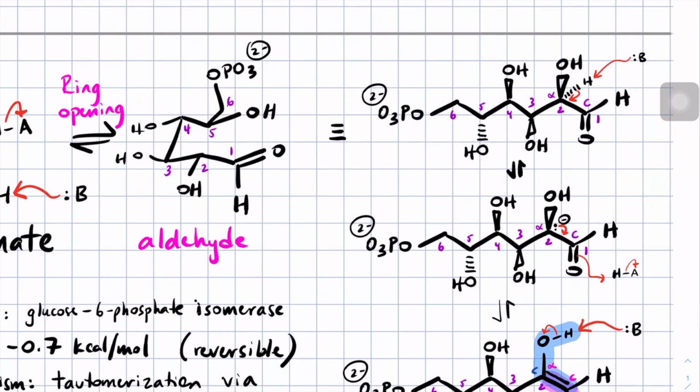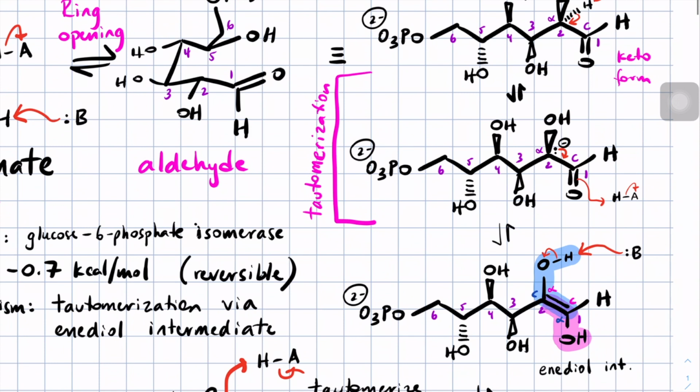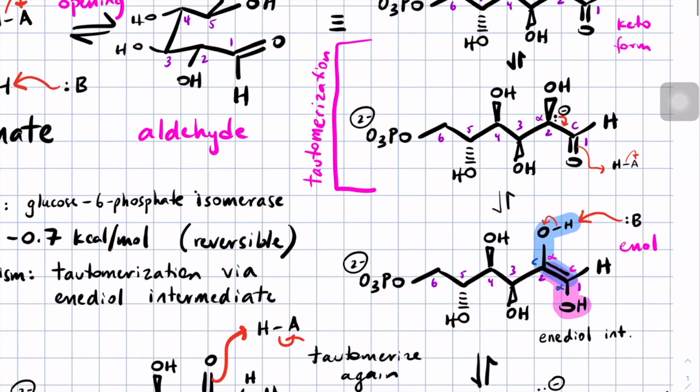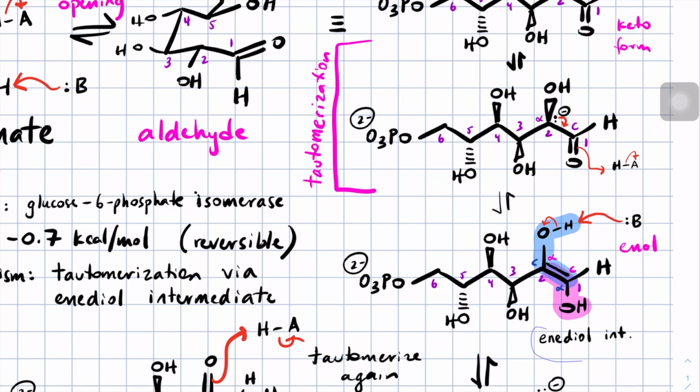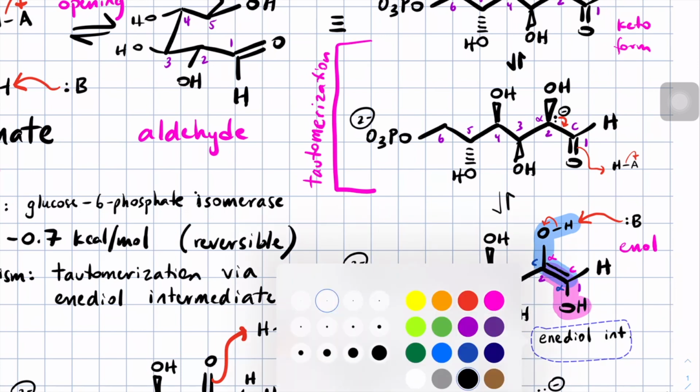And so these first two steps that we noticed over here, where we remove the proton from the alpha carbon and then protonate on the carbonyl oxygen, we're going to call that tautomerization. We're going from keto form to enol form. But we noticed that our intermediate is actually an enol in both directions.